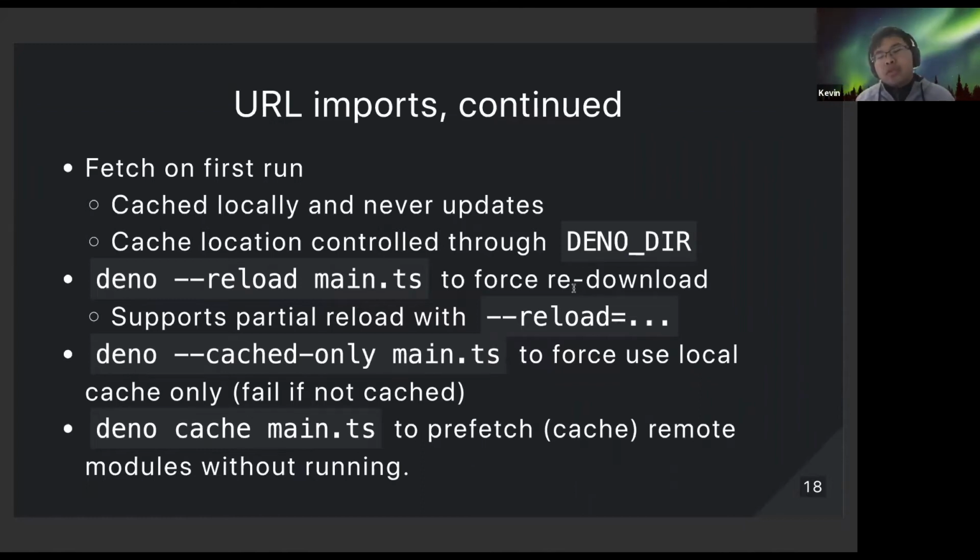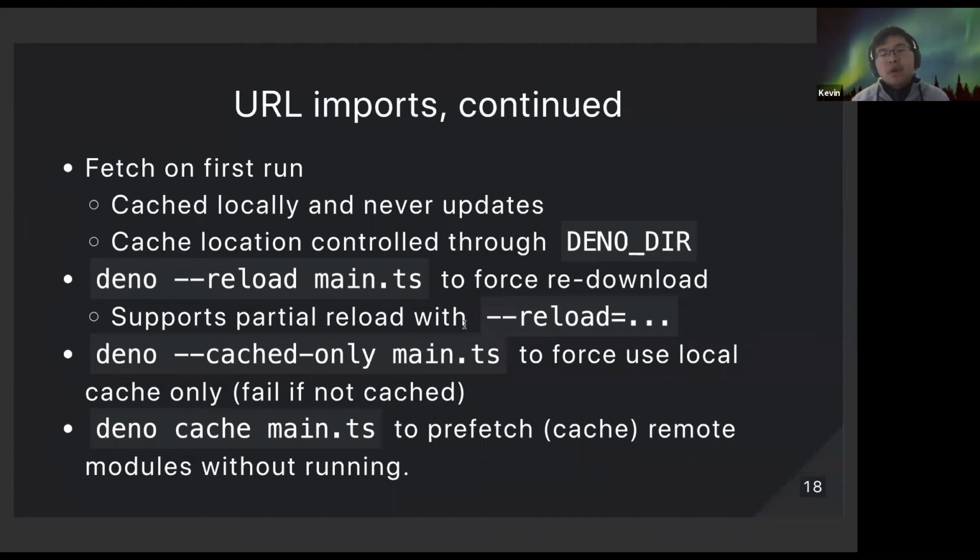And if you want to update the cached version of some of your dependencies, you can explicitly provide the --reload flag, or the shorthand -r. This basically tells Deno, when you see these URL imports, please force re-download them instead of using the local cache.